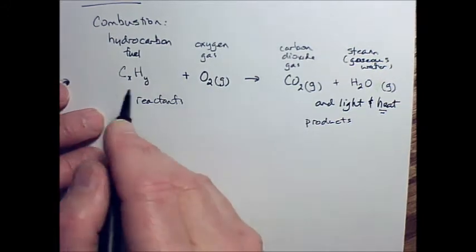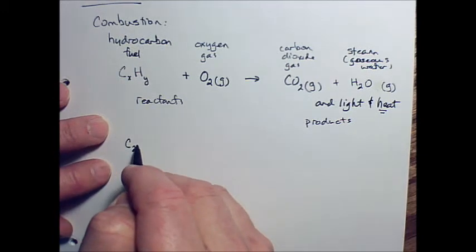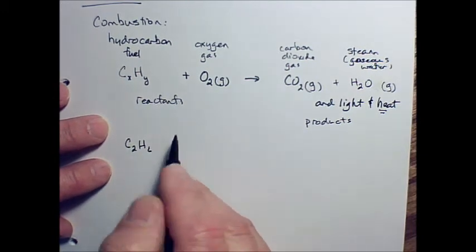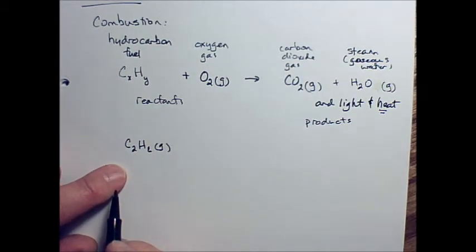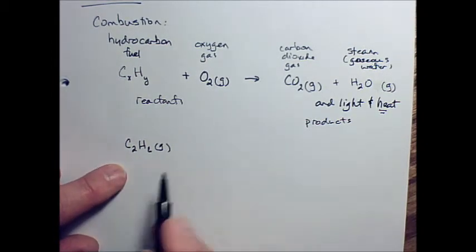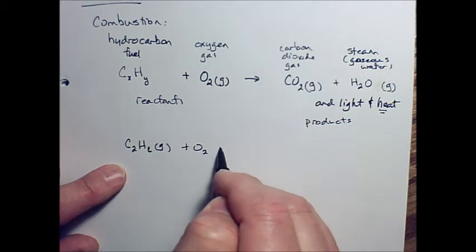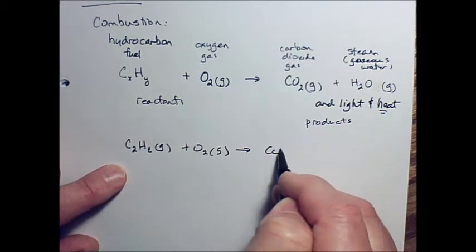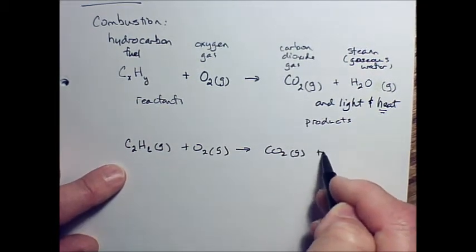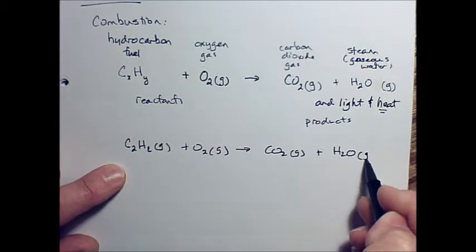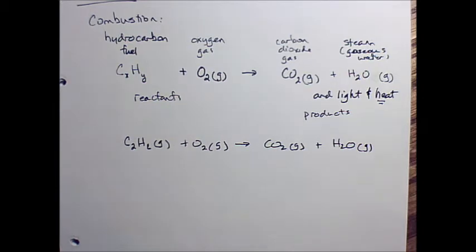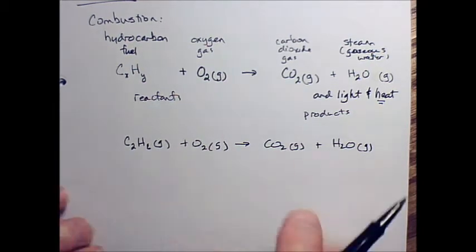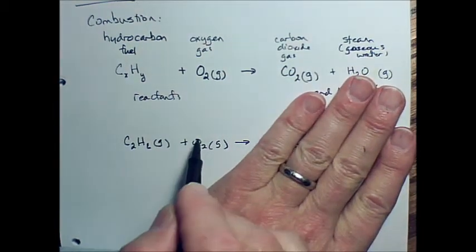Okay? So, for example, if we have C2H6, okay, that's one of our formulas. Okay, that's a hydrocarbon. All right? So we put it with O2, and we get CO2, and we get H2O as a gas. That's really easy. You can predict the products really, really easy with a combustion reaction because you're always going to have hydrocarbon and oxygen.